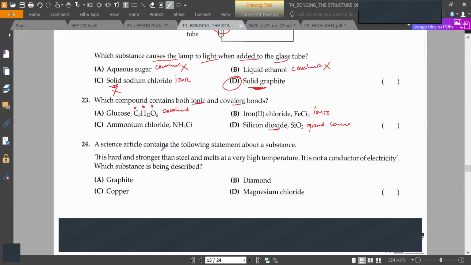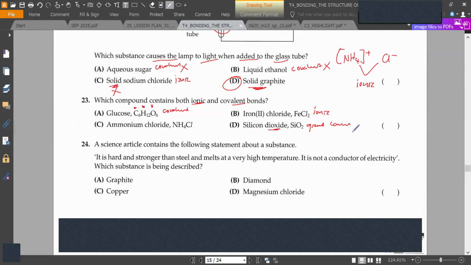Covalent bonding. Ammonium chloride. Ammonium is NH4 ion, and chloride ion like this. They will form ionic bonding, positive and negative charges.